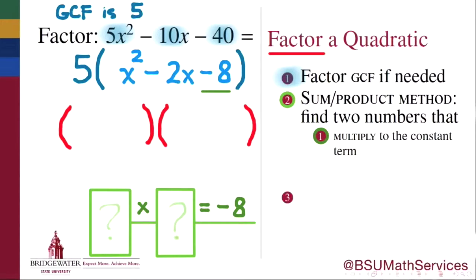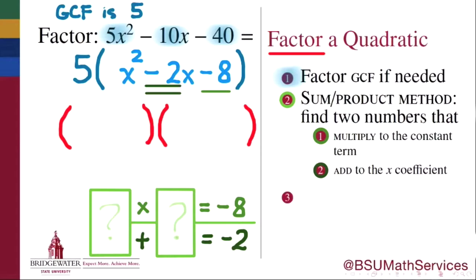But that same pair of numbers must also add together to give us the coefficient of the term which has x to the power 1 in our quadratic trinomial. So in this example, that same pair of numbers which we choose that multiplies together to give us negative 8 must also add together to give us negative 2.